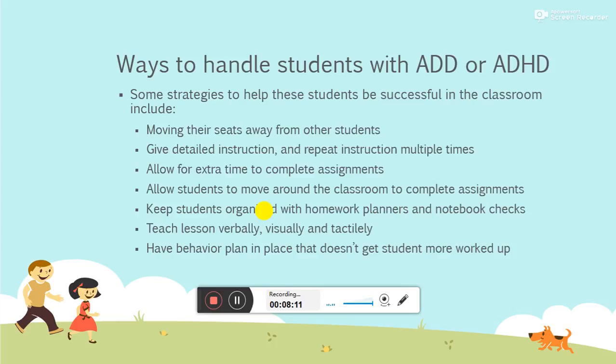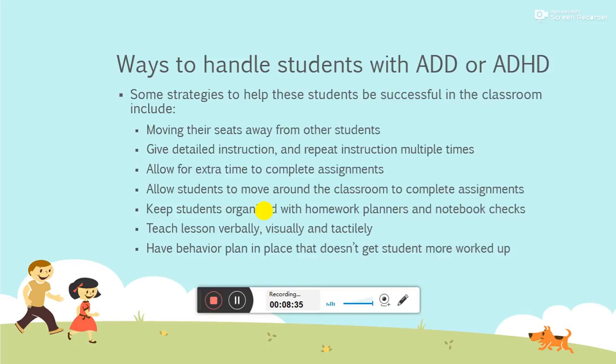Allow extra time for these students to complete their assignments. Allow students to move around the classroom. Like I said, these students have a hard time sitting still for a long period of time. Sometimes they just need to take a lap around the classroom, or they need some time to clear their minds. So there's no harm in allowing them to do that.